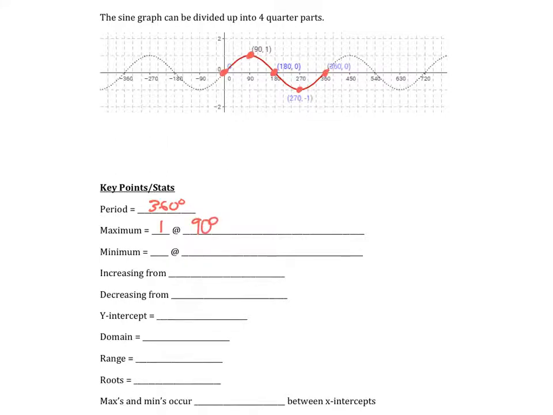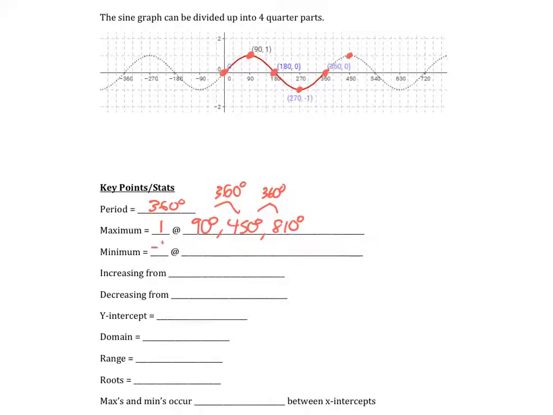It occurs at 90 degrees. If I were to keep on going, it would occur at 450, and then again at 810. Notice the difference between all these points is 360, so every difference of 360, you're going to reach your max point again.